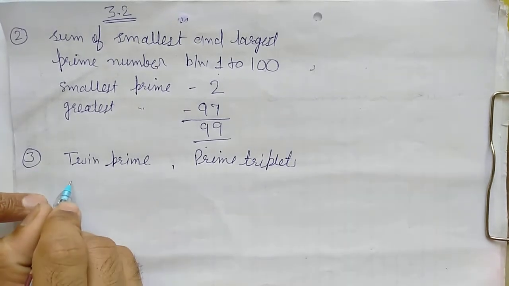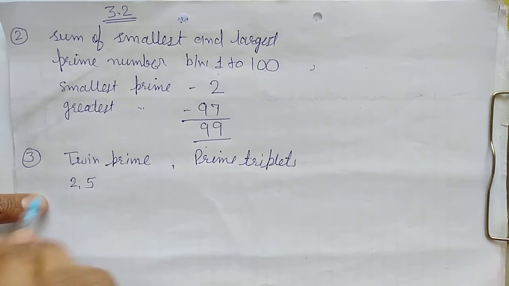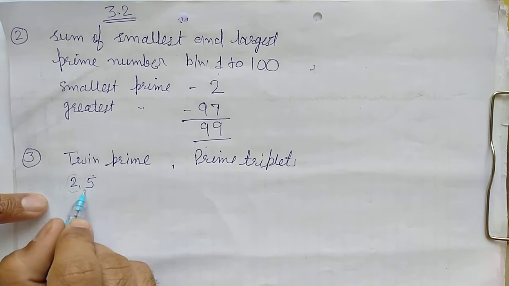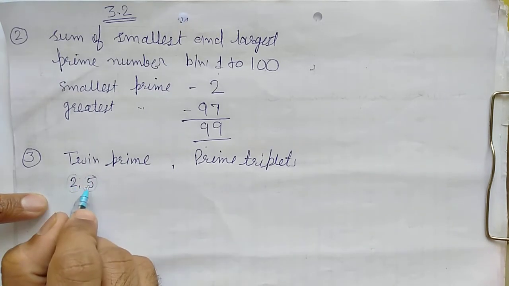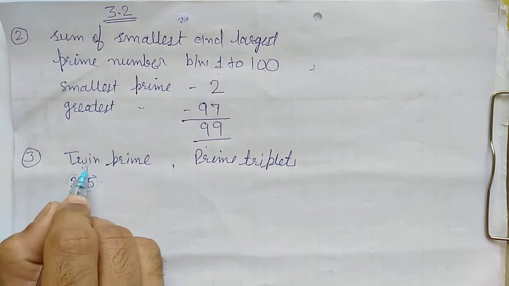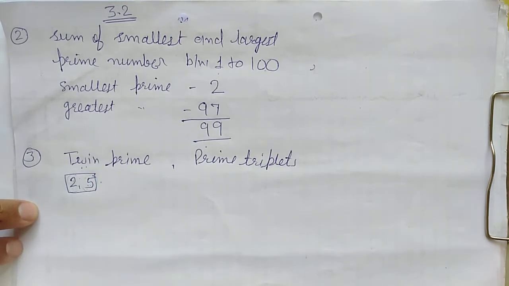A set of two numbers or two consecutive prime numbers. One example I am taking, 2 and 5. This is a prime number, right? This is also a prime number, and the difference between them, when we subtract 5 minus 2, equals 3. But according to twin prime, the difference should be 2 only. So this is not twin prime.